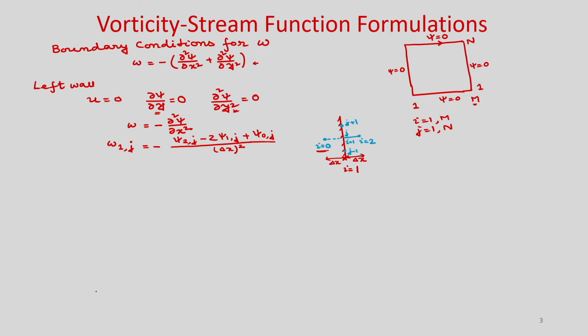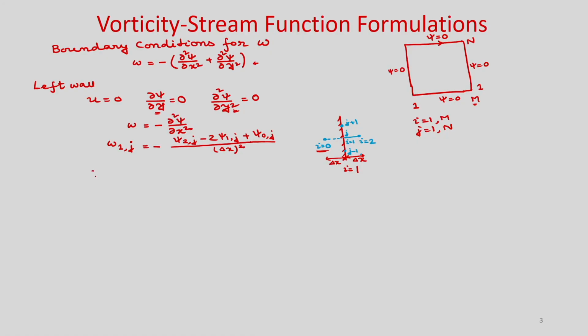But we do not know the value of psi 0j because it is a fictitious point. To find the value of psi 0j, we will use the other velocity boundary condition, which is v is equal to 0. You know that on the left wall v is equal to 0. What does it mean? Minus del psi by del x is 0. That means del psi by del x is 0.